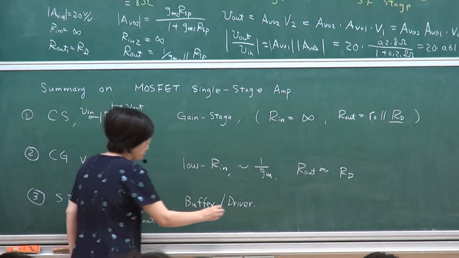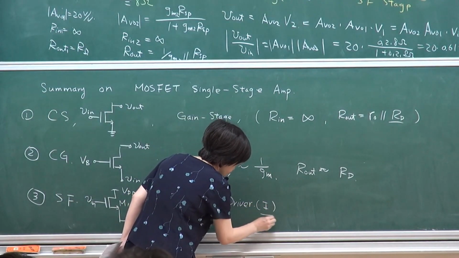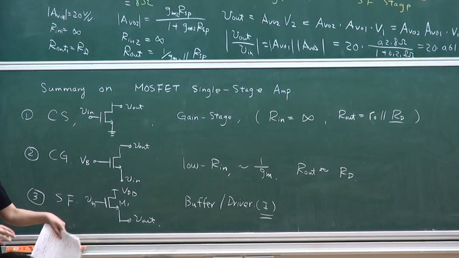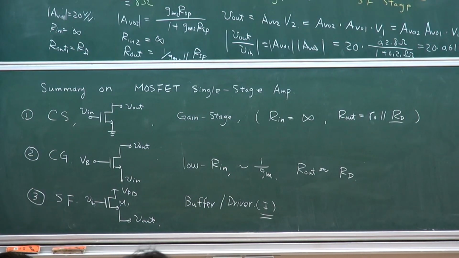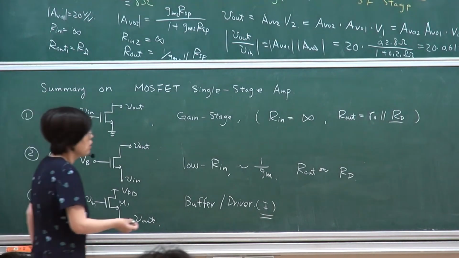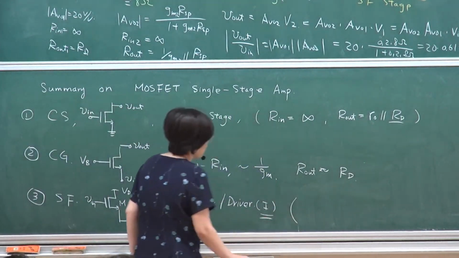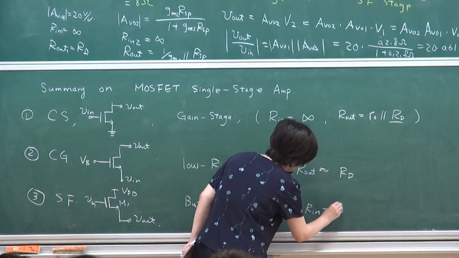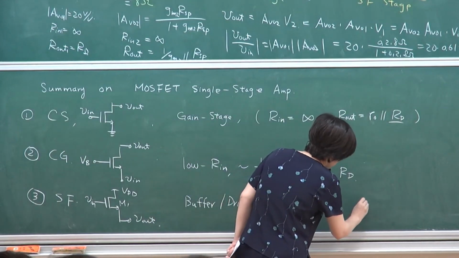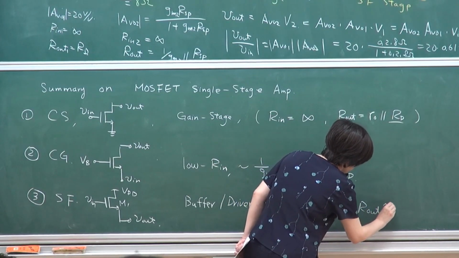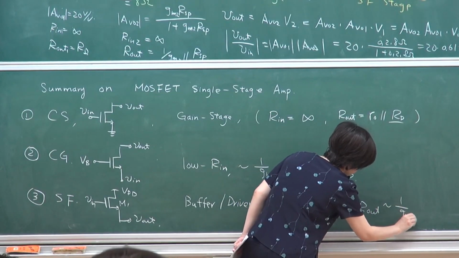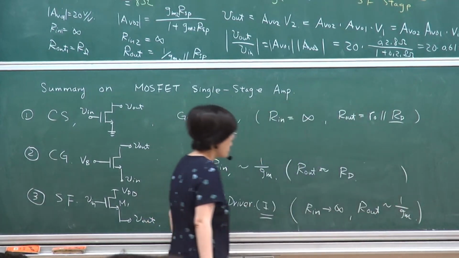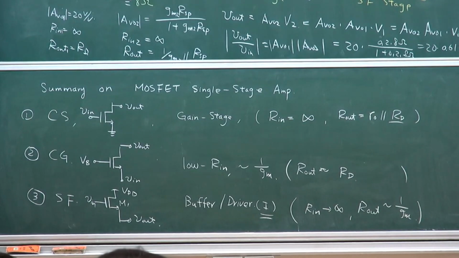Driver meaning that it drives current. You provide large current drive to fill up your tank or to push up a low resistance component to reflect its voltage level. So it also has infinite input resistance, and its Rout should be in the order of 1/Gm. Okay? So low output resistance, high input resistance, that's the buffering stage.